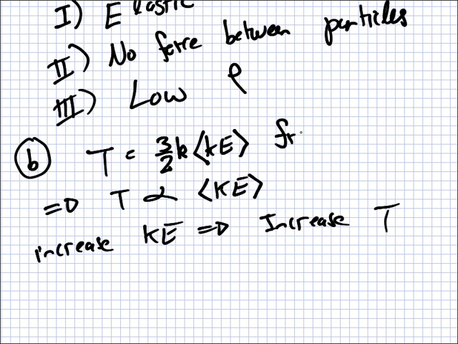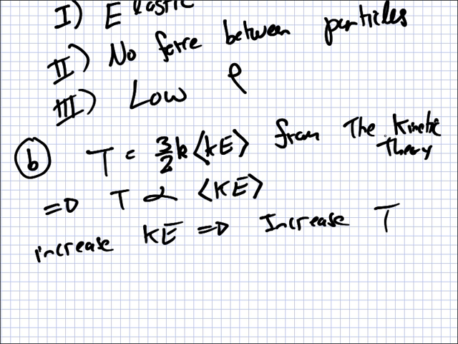This formula comes from the kinetic theory. If you want, the other way you could do this is just write it out, explain it. So you could say temperature provides more energy to particles.